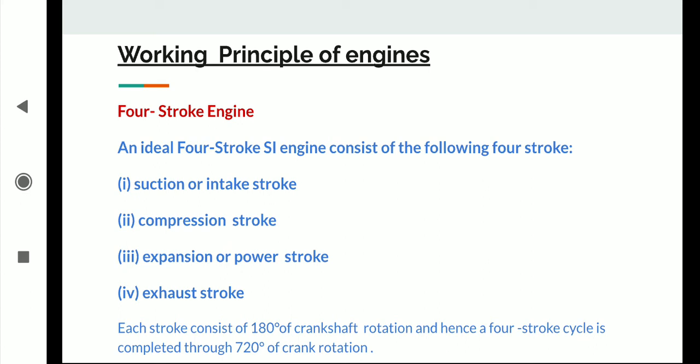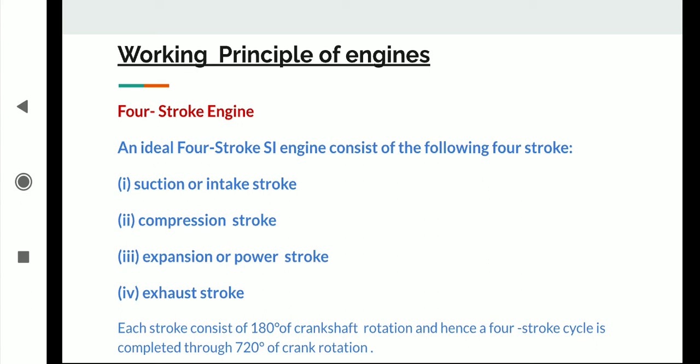Each stroke consists of 180 degrees of crankshaft rotation and hence a four-stroke cycle is completed through 720 degrees of crank rotation. So, an ideal four-stroke engine consists of four strokes, starting with the suction or intake stroke.